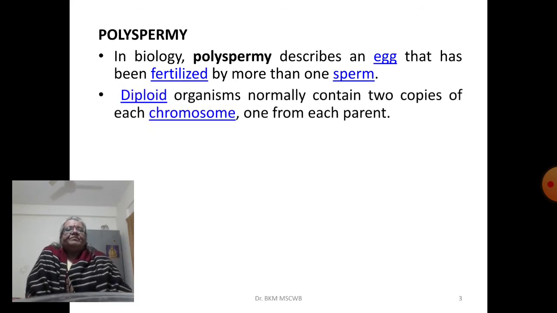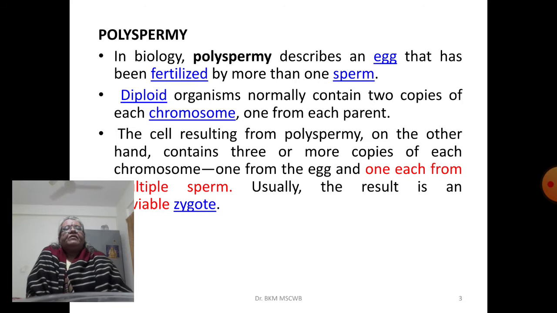Diploid organisms, diploid means 2n number of chromosomes, normally contain 2 copies of each chromosome, as all of us know, which are obtained one from each parent, one from the maternal parent and the other from the paternal parent, right? The cell resulting from polyspermy, on the other hand, contains 3 or more copies of each chromosome, because the ovum would have received chromosomal complements from many sperms.